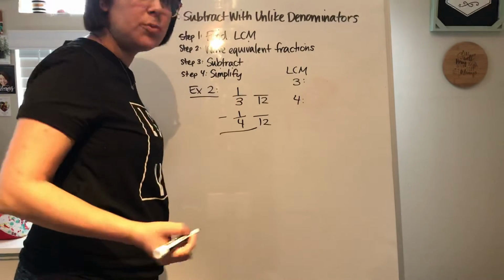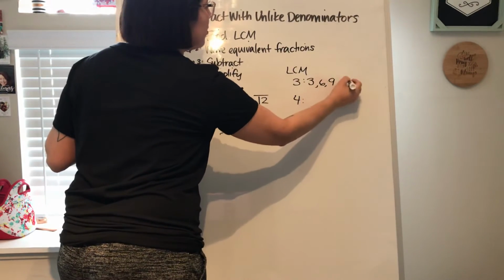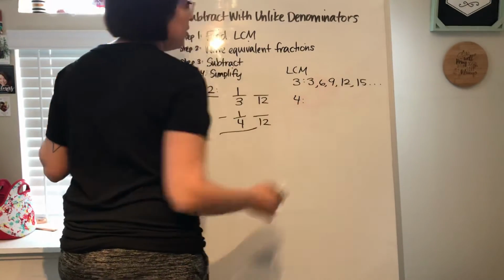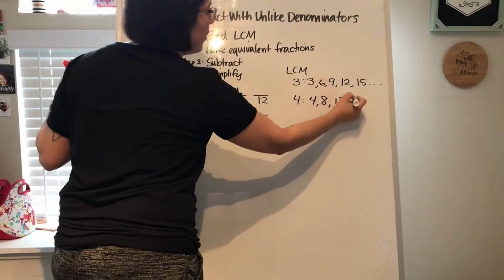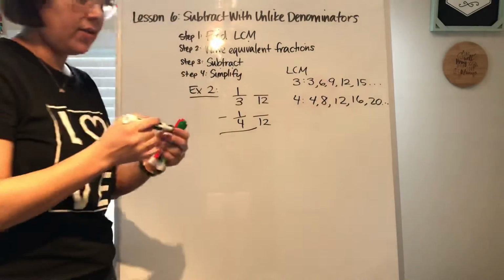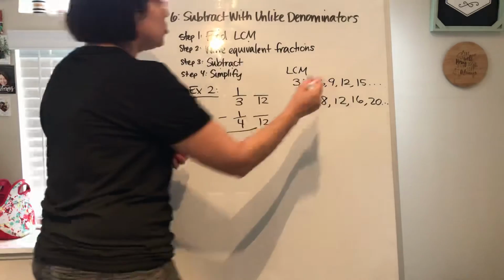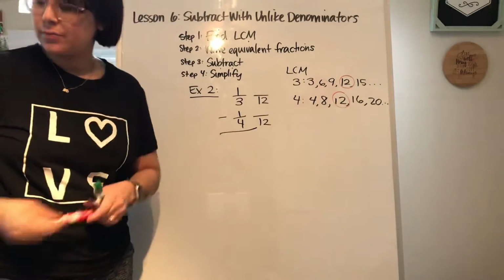Okay, my multiples of 3. 3, 6, 9, 12, 15. Keep going. 4, 8, 12, 16, 20. Okay, I just found it. What's the first thing that matches? 12. And I got my 12.